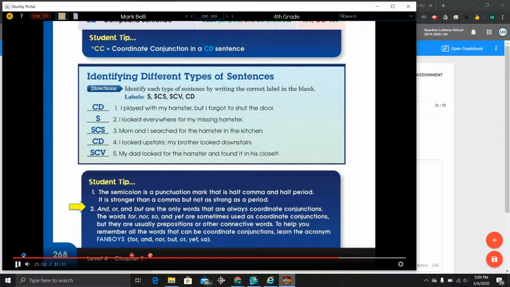The words for, nor, so, and yet are sometimes used as coordinate conjunctions, but they are usually prepositions or other connective words. To help you remember all of the words that can be coordinate conjunctions, learn the acronym FANBOYS: for, and, nor, but, or, yet, so.